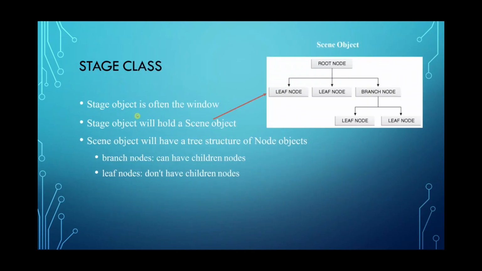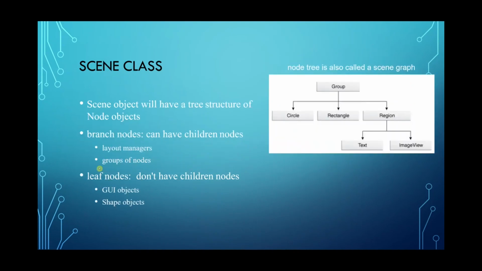So the stage object is often the window. The stage object will hold a scene object, and a scene object will have a tree structure of node objects. Branch nodes can have children nodes, so this could be a group of other leaf nodes, and leaf nodes do not have children nodes.